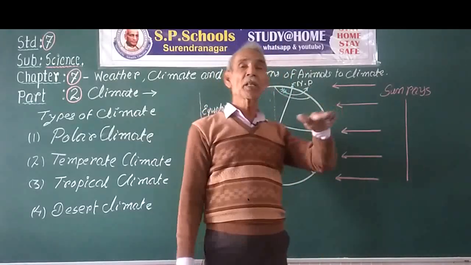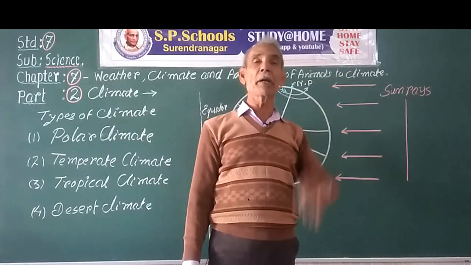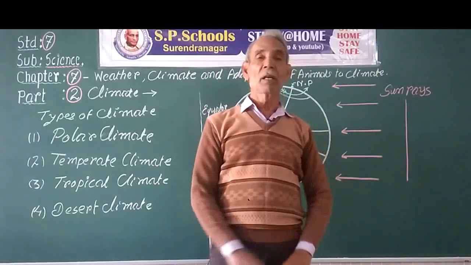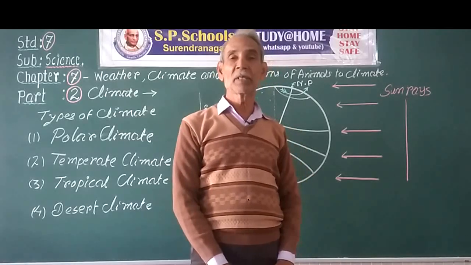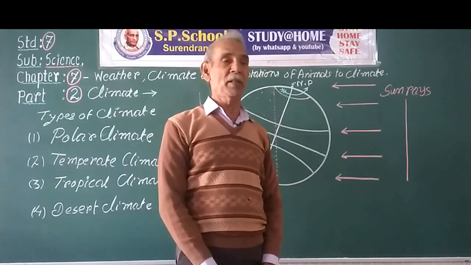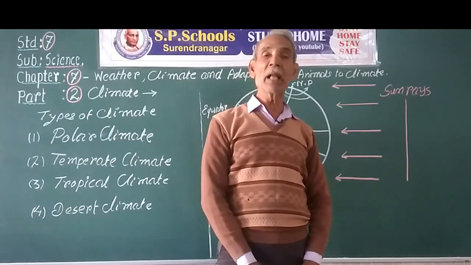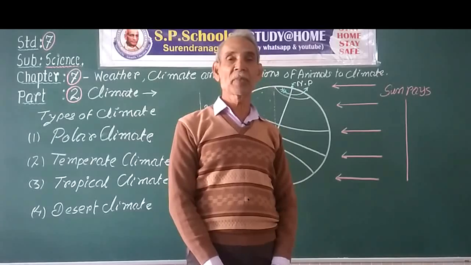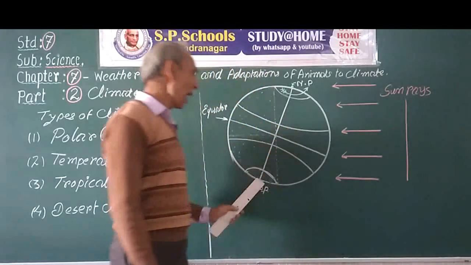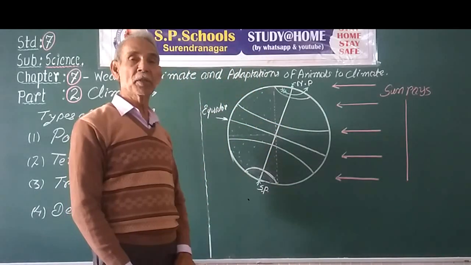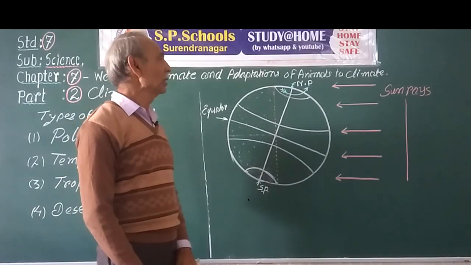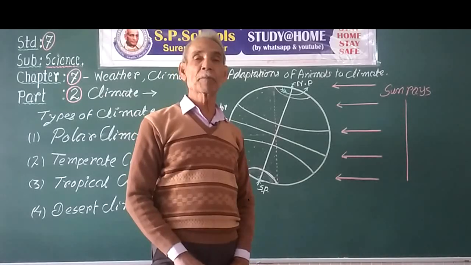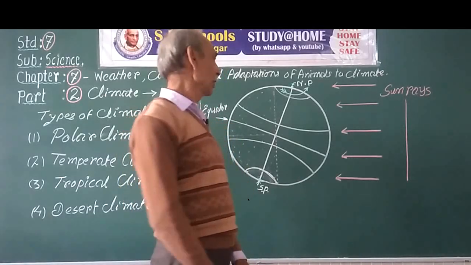In polar regions, the sun never comes overhead. It remains near the horizon, as we feel less heat during morning and evening time. So polar regions are very cold because the sun rays are slanting and the heat spread is very less.